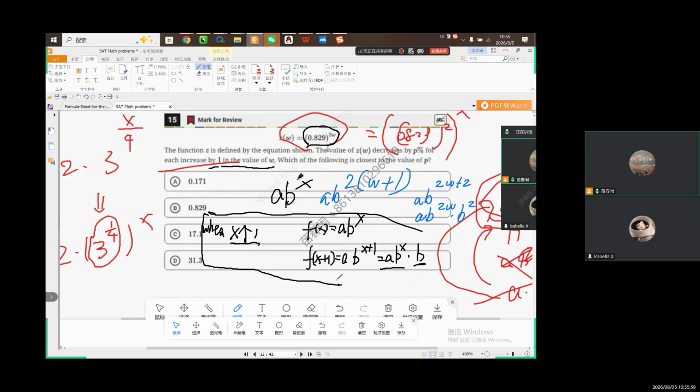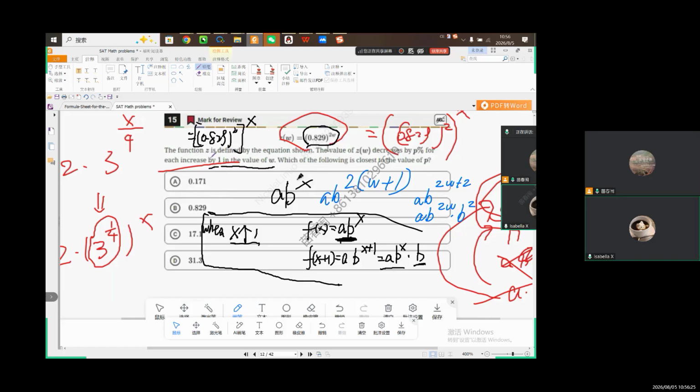We can also go to the original, which means I only want this form. This form we are so familiar with because most of the questions are around this form. There are a few times like this, but I can change it back. How do I change it back? With 0.829, I power that by 2, and then make it x power. Does it make sense? Okay, yeah.